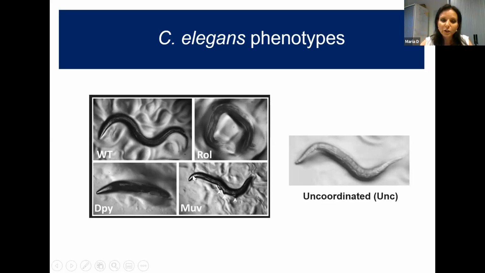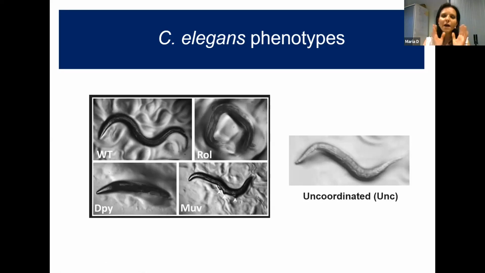These worms have lots of these structures, but they are not functioning. Another interesting phenotype is on the right-hand side here, called the uncoordinated phenotype. These animals do not move very well. They move more like this type of behavior.